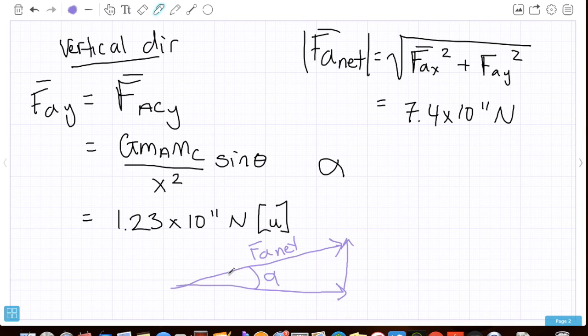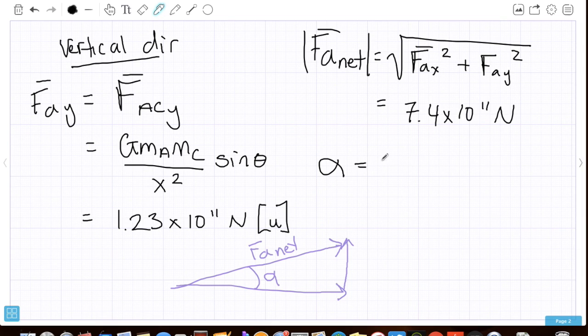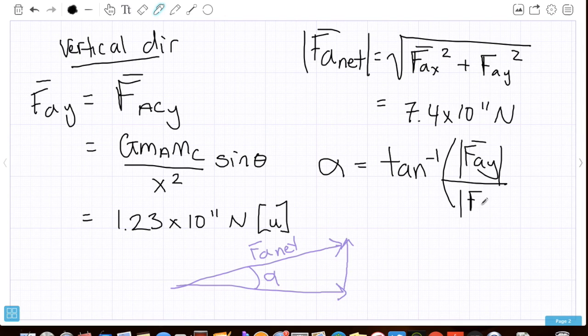So this is not the triangle that we had before. This is made up of the force of gravity rather than the distances. So what is our angle here? Well, again, I'm going to use the inverse tan. So I'm going to take the magnitude of the vertical component over the magnitude of the horizontal, and that gives me 9.6.